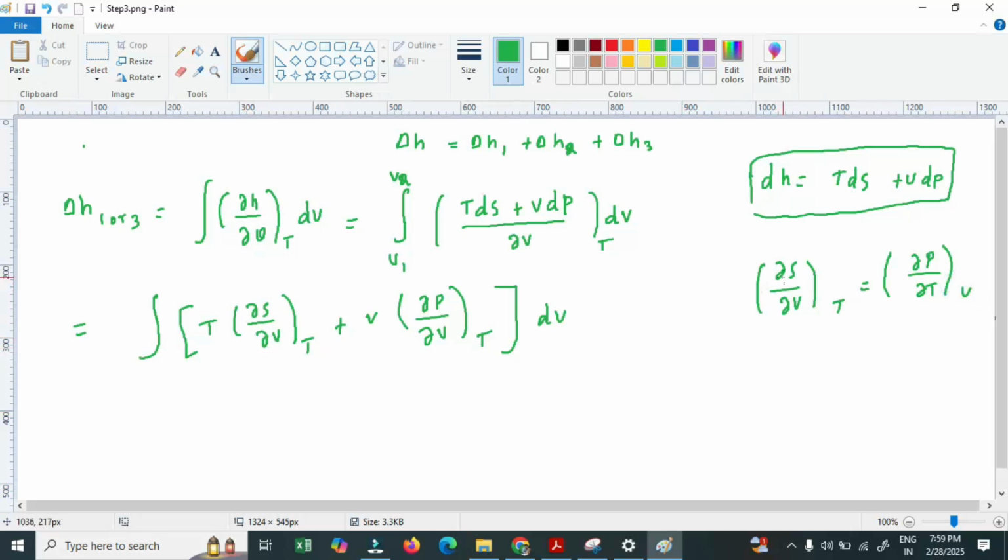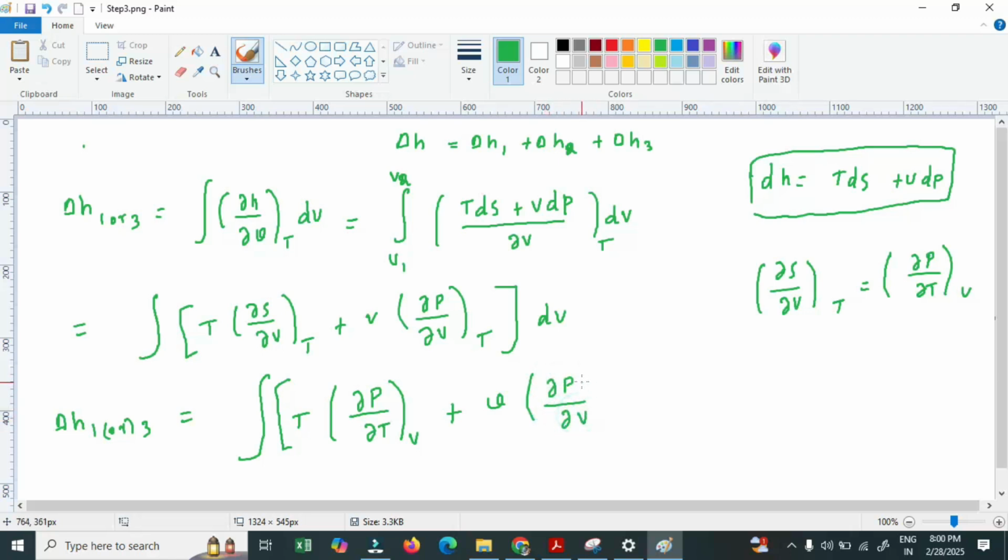Therefore, here del H1 or 3 is equal to the integration of T into dou P by dou T at constant volume plus V dou P by dou V at constant temperature, all into dV.